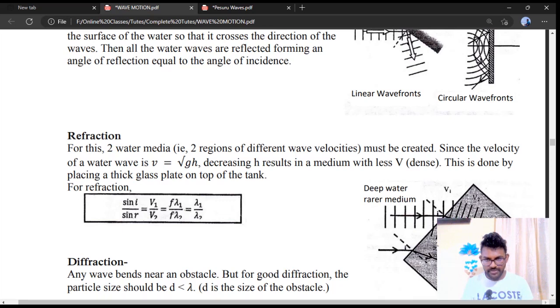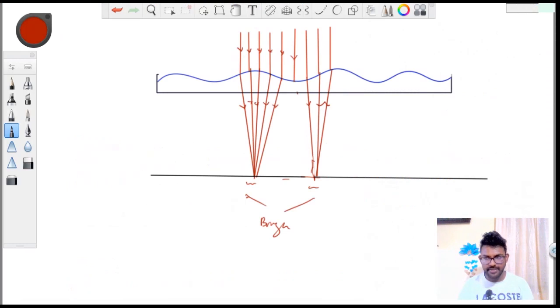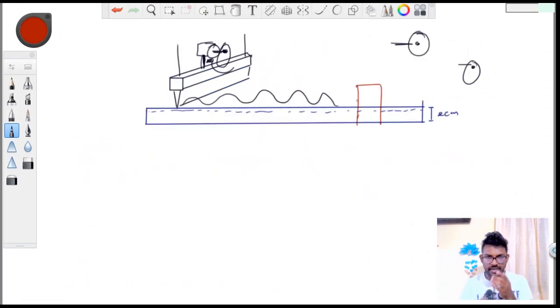the height. We can find out the velocity of a wave on the surface of water or any other liquid, that is equal to root gh. V equals root gh. H is the height, right? If you could change the height of this medium, then we can have a different medium.